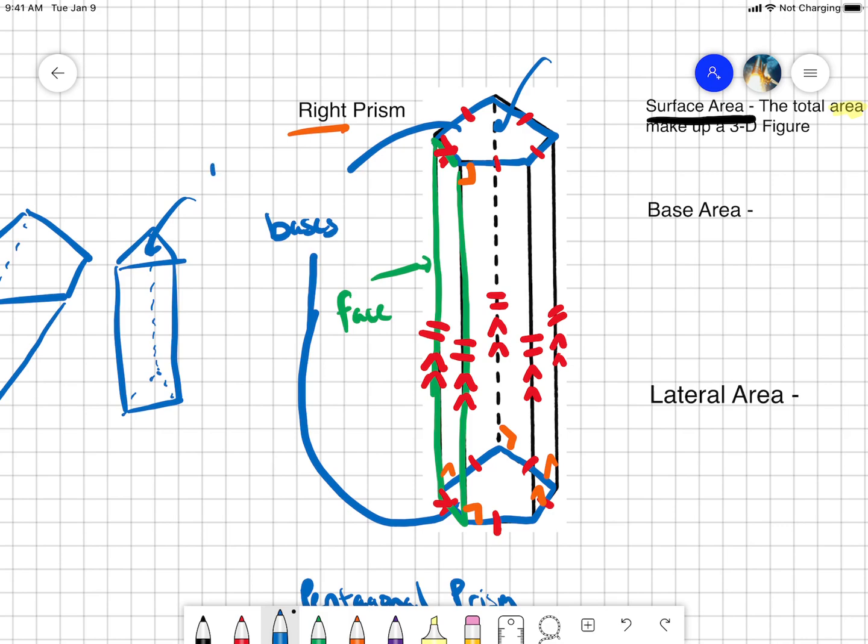Because this is a triangle, it's 1/2 base times height, and for this pentagon, it's 1/2 my apothem times the number of sides times the length of one side.